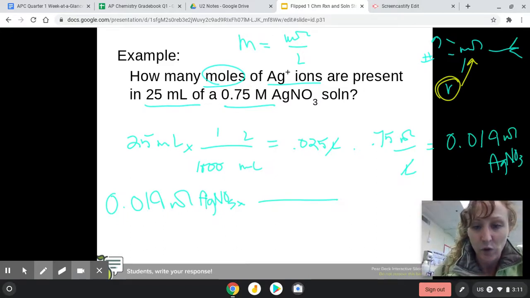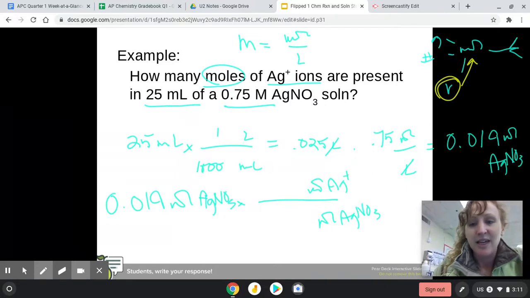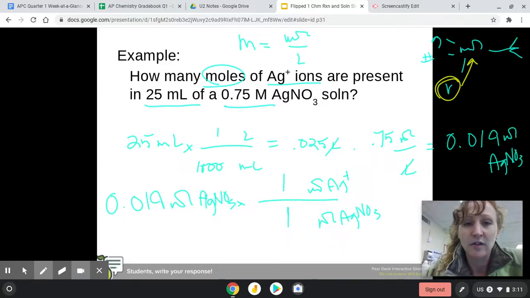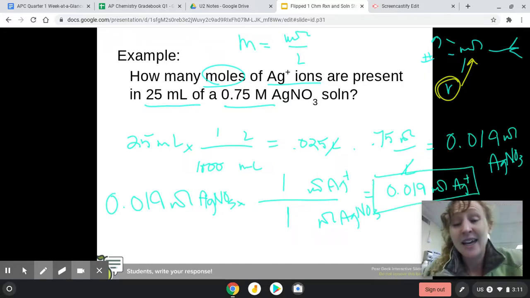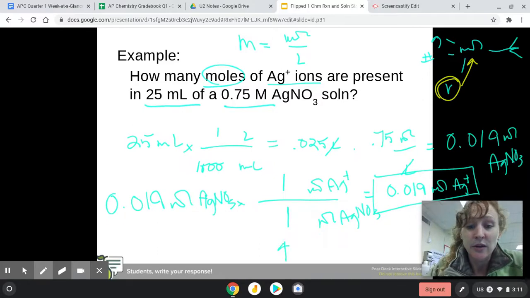Now, luckily for you, moles of AgNO3 to moles of Ag+, if you have one silver nitrate compound, that's going to fall apart and give you 1 silver ion. And so your answer numerically will be the same, but you're going to have different units. And if it was not a 1-to-1 ratio here, you would not have ended up with the same number. So you've got to be careful about what you're talking about.